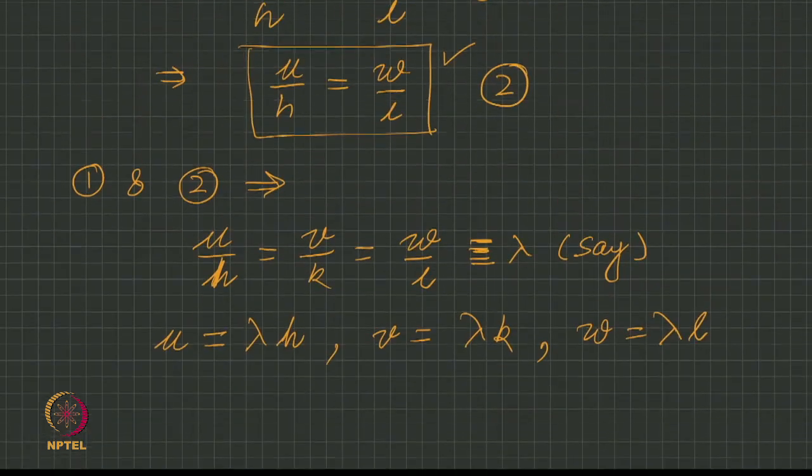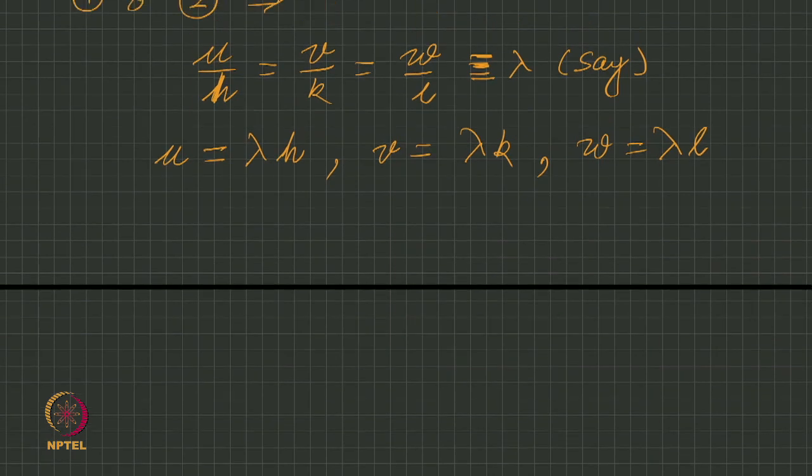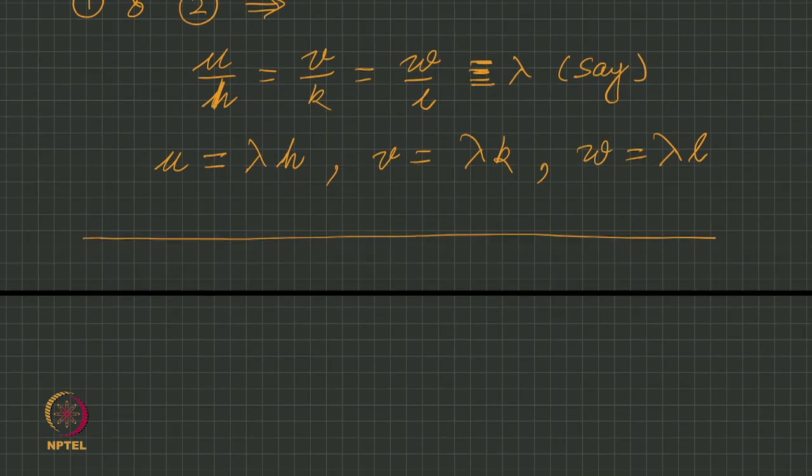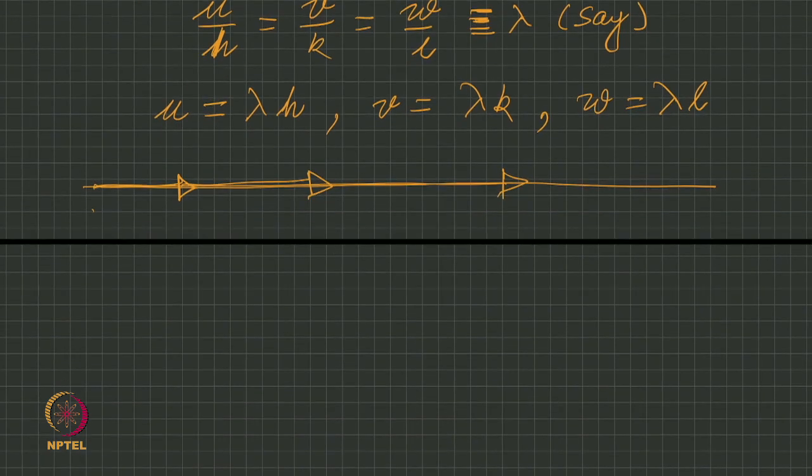So, essentially we have solved for u, v, w, except that we do not know lambda, but thankfully in crystallography you do not have to know lambda if you are trying to find out the Miller indices of a direction. Remember, we said that Miller indices of a direction can be defined by any vector, because 2 times or 3 times a given vector all will give us the same Miller indices. So, using that property, this lambda actually can be divided. So, we can divide by lambda.